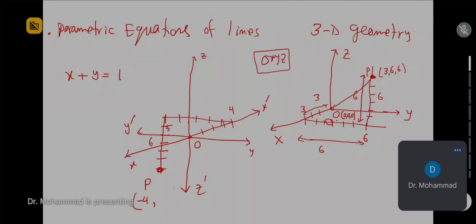So 5, that is our minus 5. And Z, that is our minus 6. So the coordinate of P now is minus 4, minus 5, and minus 6. So this is the coordinate for the point P.